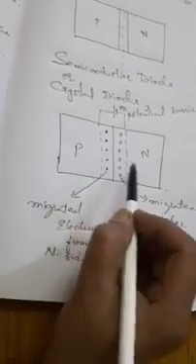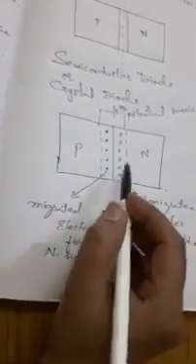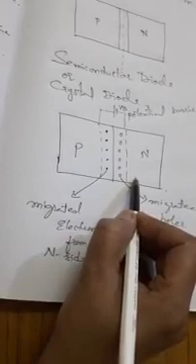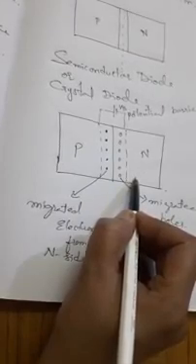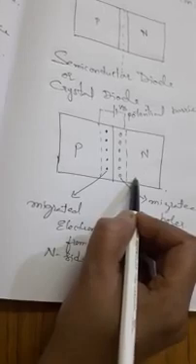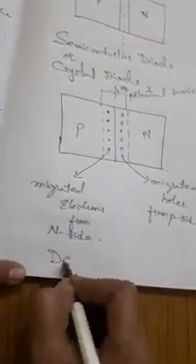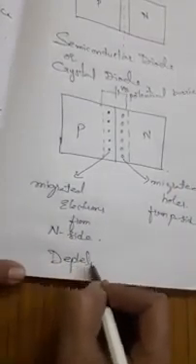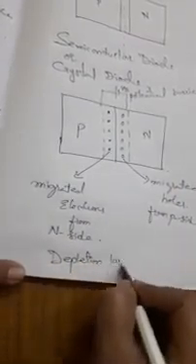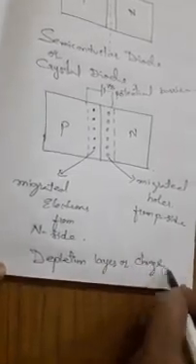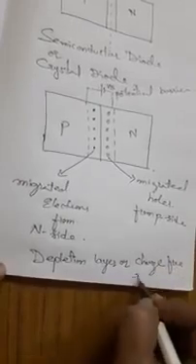Due to the diffusion of electrons and holes, holes cross over the p region and enter into the n region, where they combine with the electrons and become neutral. Thus a region is formed which is known as the depletion region, depletion layer, or charge free region.